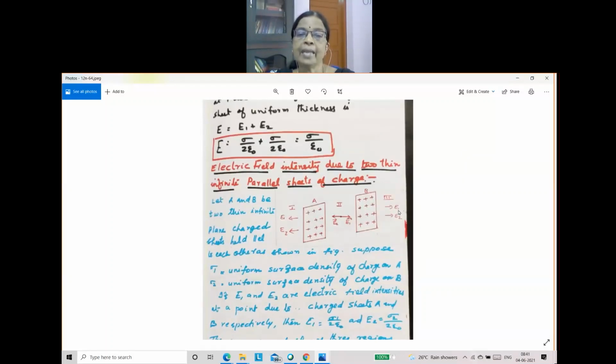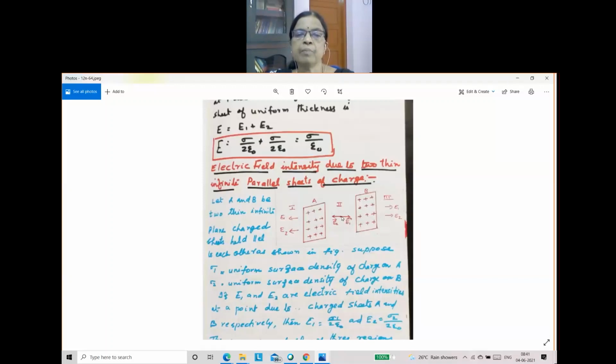Here also, in region 3, the electric field will be due to both the sheets and both are outwards. So here also the field will be E1 plus E2. But in between, the electric field due to sheet A, E1, is towards the right side.